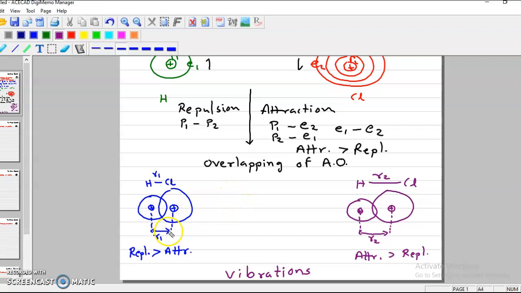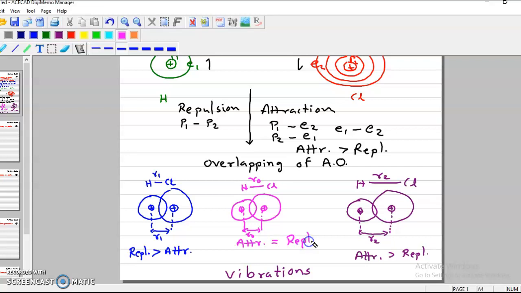So we assume that there should be a distance between hydrogen and chlorine, which we consider a neutral distance where attraction and repulsion should be equal, like this. So this is the distance. We consider this as R0, where hydrogen and chlorine are not so far, not so close also, so that attraction is equal to repulsion.